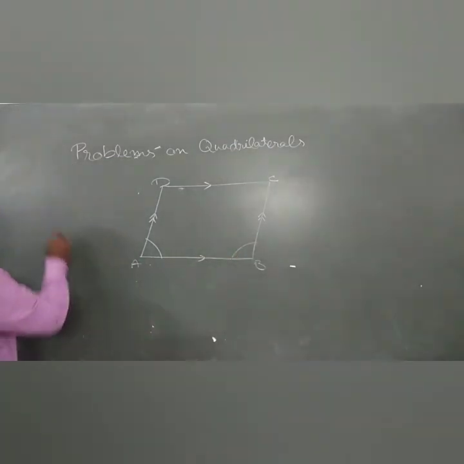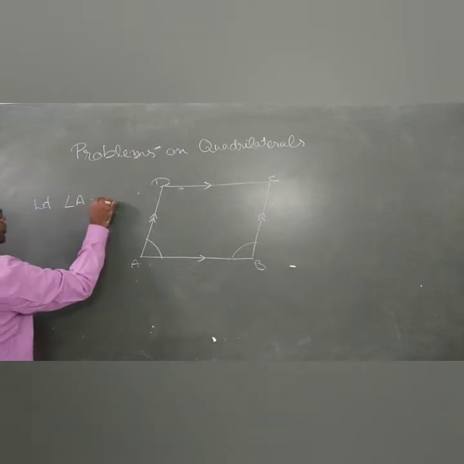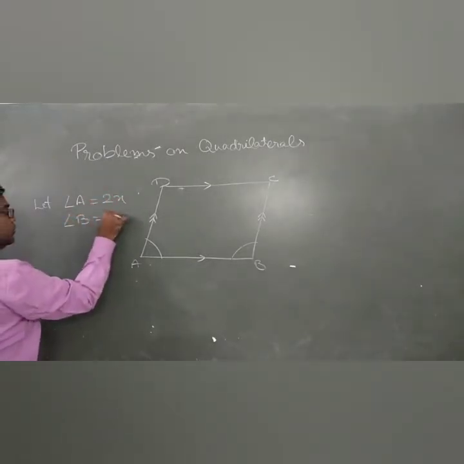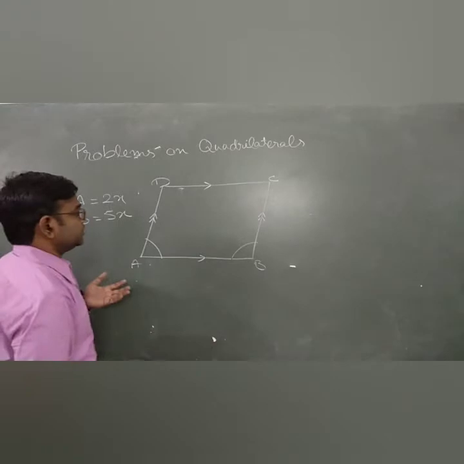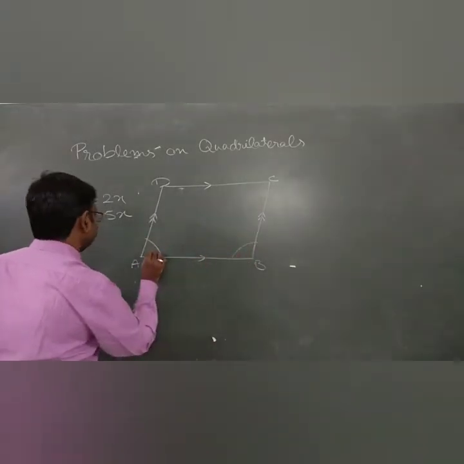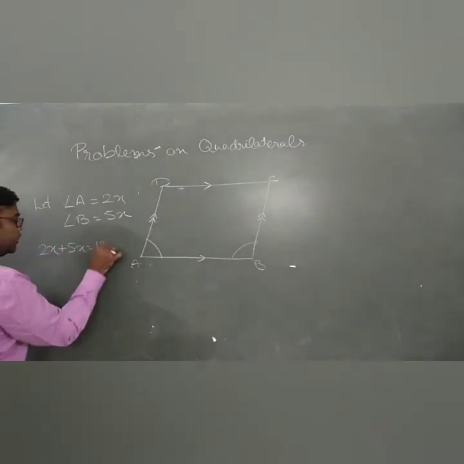So suppose here, let angle A equal 2x, angle B equal 5x, clear? 2x and 5x. These two are parallel lines and these two are co-interior angles. So the sum of 2x plus 5x equals 180 degrees.